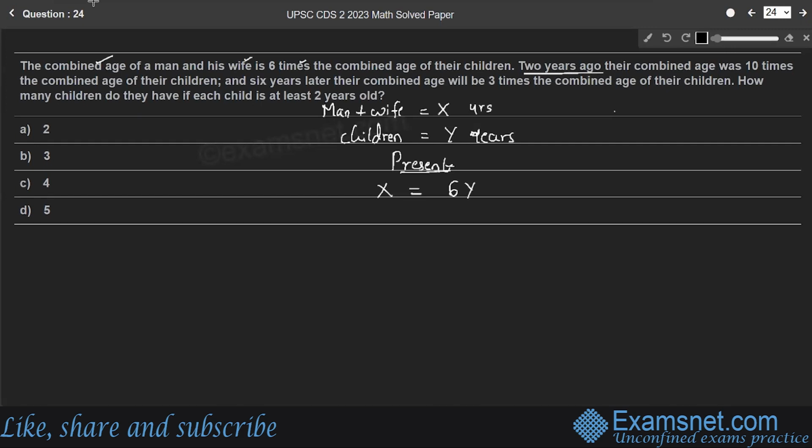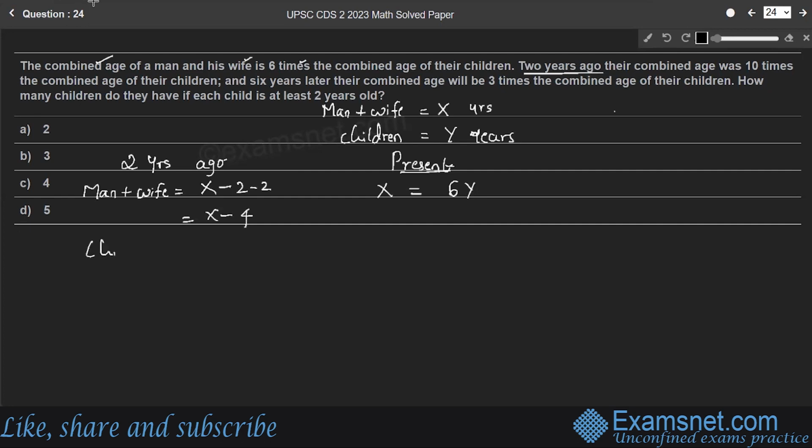Now it is given that 2 years ago. We'll consider their ages 2 years ago. So man plus wife: at present it is X years, so the man will be 2 years less, and his wife also will be 2 years less. Therefore, it becomes X minus 4.